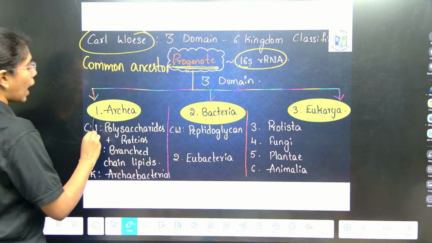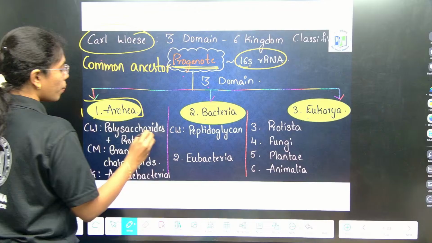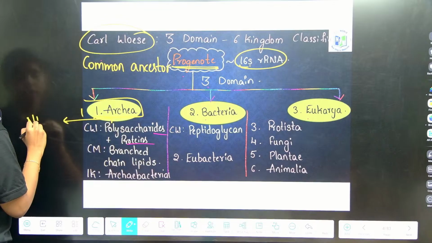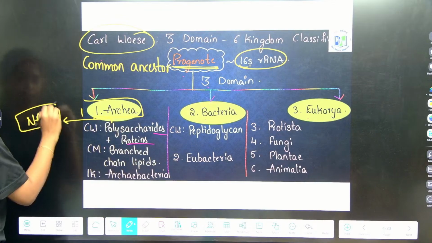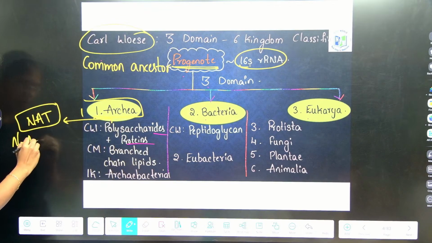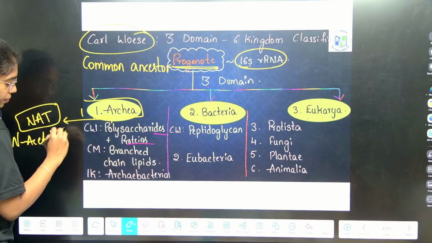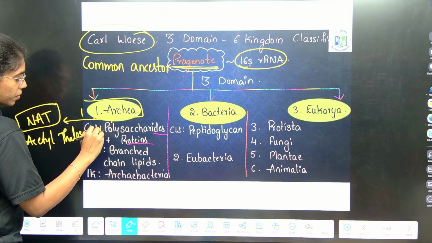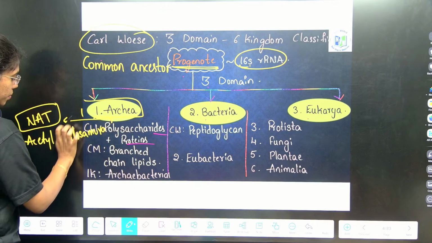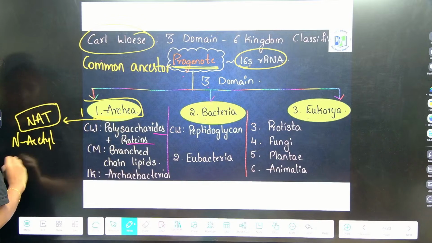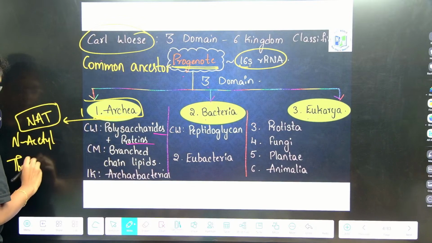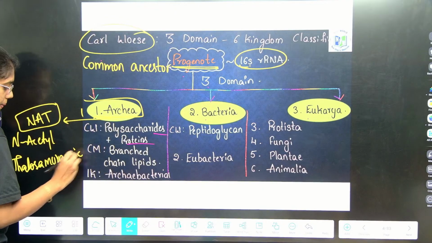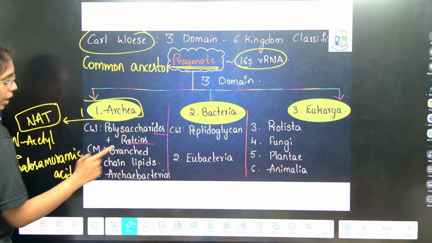Archaea cell wall is having polysaccharides and proteins. Okay. But here polysaccharides are of what? N-acetyl talosaminuronic acid and proteins.